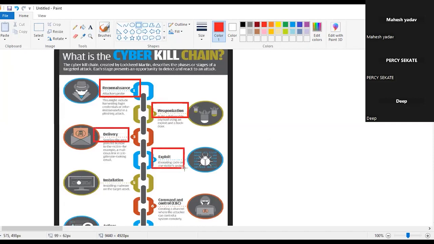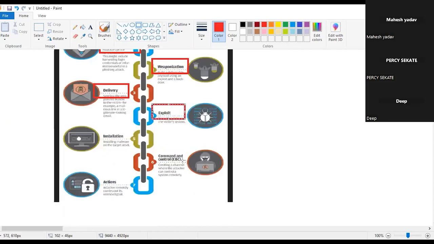Then they exploit. They run the exploit on the target system, and that payload and that malware installs all the requirements needed to go further. And then the target system becomes the CNC, which is known as the command and control center for the attacker.